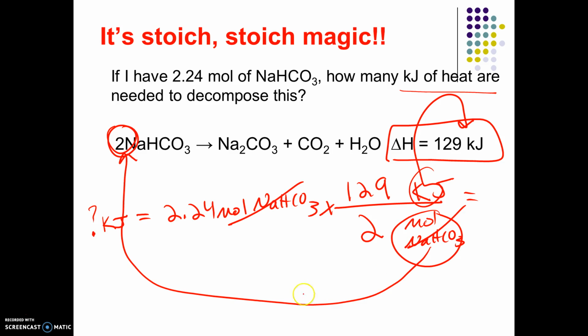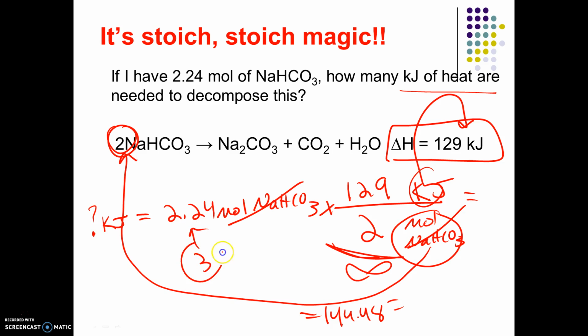My calculator spits out 144.48. Considering sig figs, this is a conversion factor, so it's infinite sig figs. But my beginning one isn't. There are 3 sig figs here. 3 is the lower number between 3 and infinity, so this is 144 kilojoules. And that'll do it.